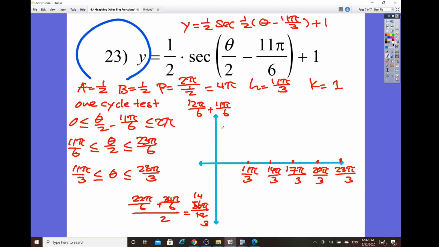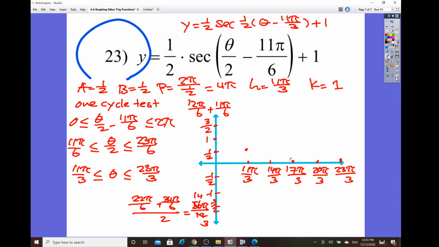Okay, so we started with the parent graph for cosine. So this one, the initial amplitude or the initial position for the vertex is what? 1/2. Okay, so 1/2, 1, and then 3/2. So started right up here.